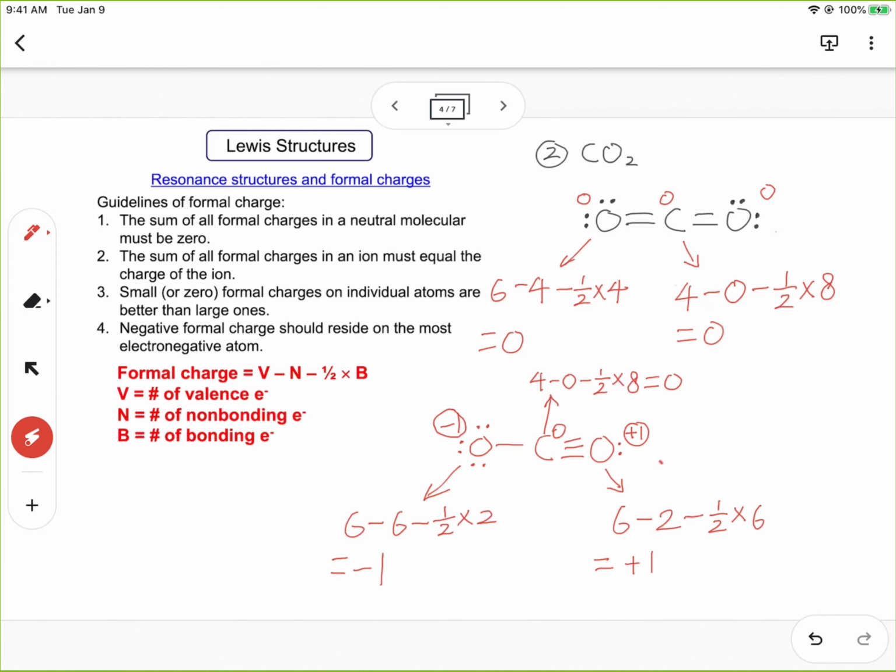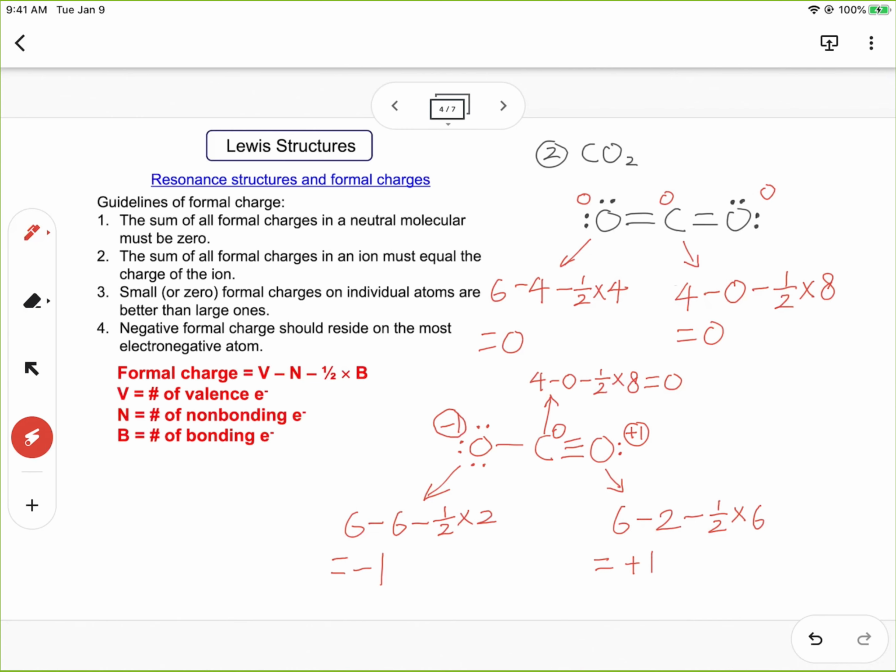Now, how do we know which one is better? Or are they equal to each other? Well, according to rule number 3, small or zero formal charges on individual atoms are better than larger ones. You can take a look: you have 3 zeros here, and you have one -1 and one +1. So these zeros are smaller than the absolute values of -1 and +1. In other words, this one has more zeros, and this one has only one zero. If you have a molecule with more zero formal charges, then this structure would be preferred.